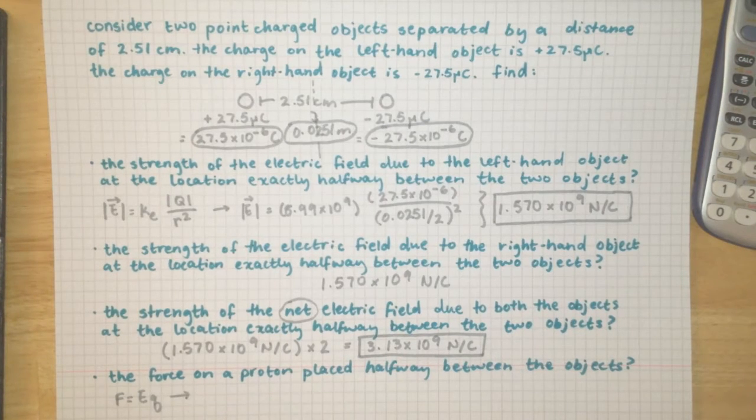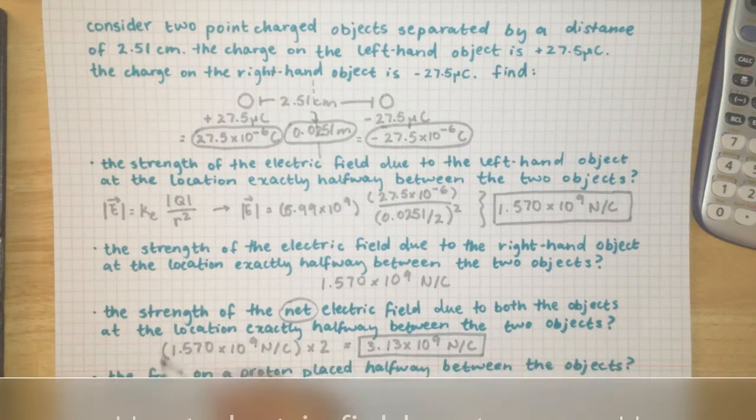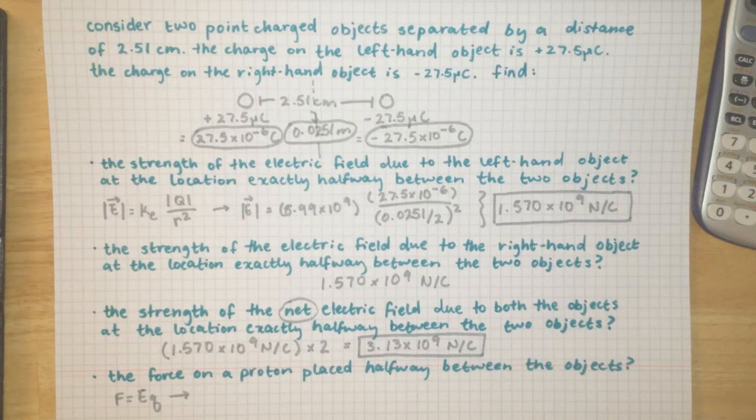And so in this, it is just basically saying the force at this given point, this halfway point, which has been the same for all 4 of these scenarios, will be equal to the net electric field at that point multiplied by the charge of the object, and in this case it'll be the proton whose charge we will use. So F will equal capital E, which is this number that we found in this problem, the strength of the net electric field.